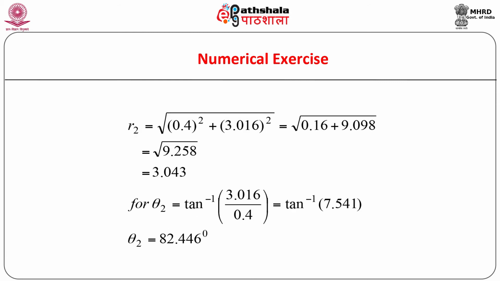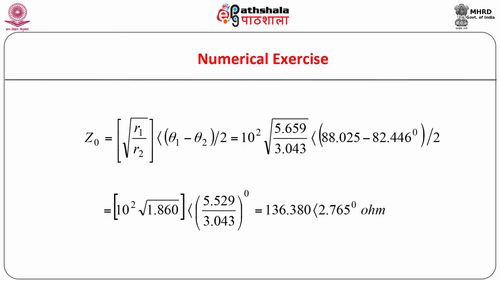The values of R2 and θ2 needed can be computed on similar lines as shown. Substituting the values and using appropriate formulae, we get Z0 as shown. Note that we have to maintain the decimals as per the accuracy expressed in the problem.